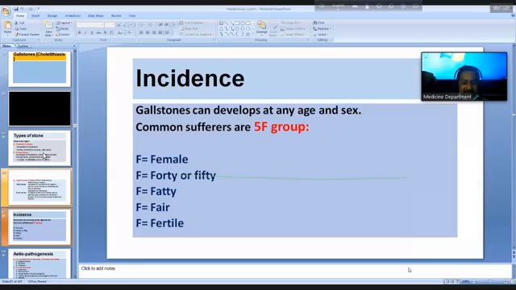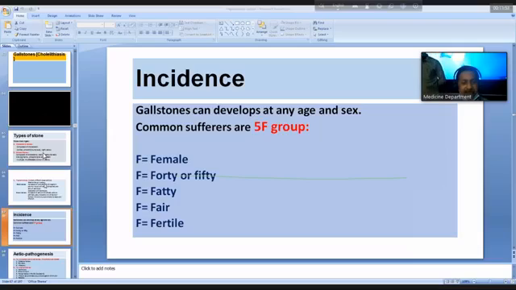So because of so many physiological and hormonal factors, you know, cholesterol metabolism is related to estrogen and progesterone, and estrogen and progesterone is present in female, and females are more prone to develop bile stasis because of repeated pregnancy.